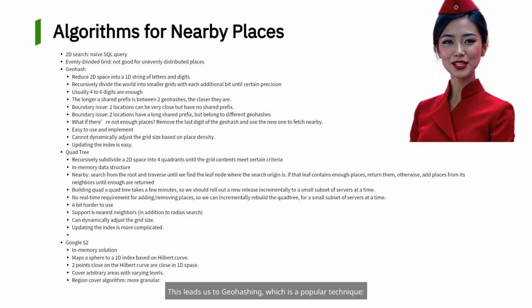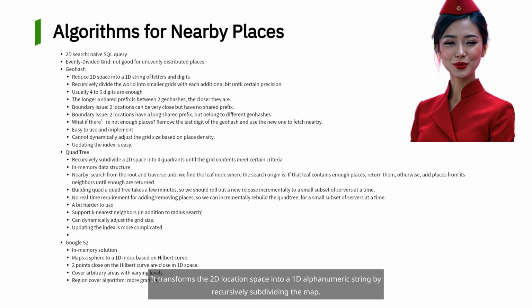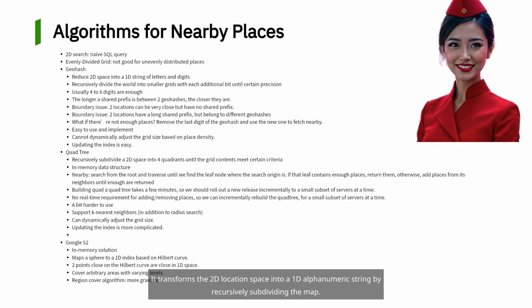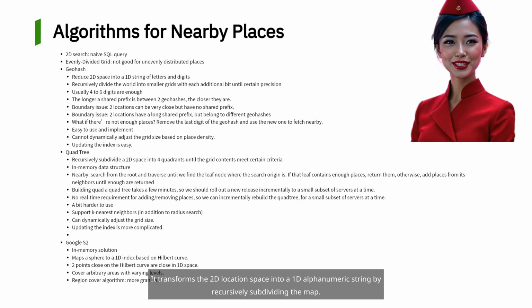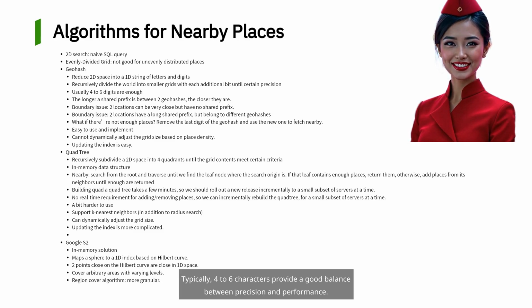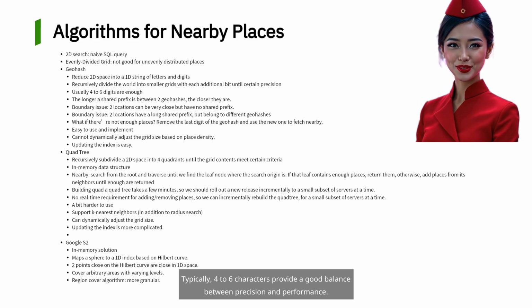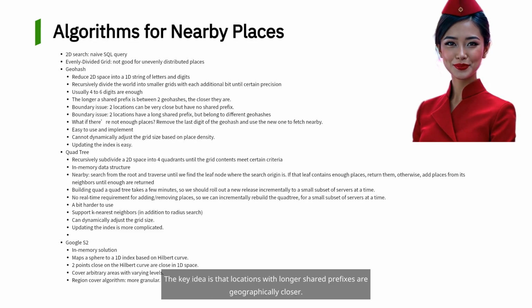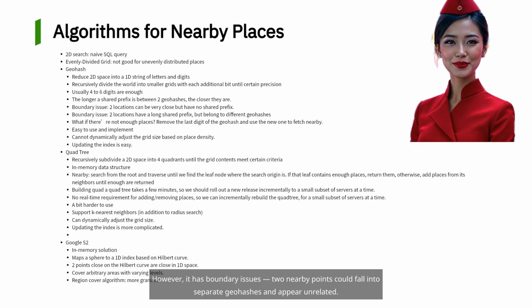This leads us to geohashing, which is a popular technique. It transforms the 2D location space into a 1D alphanumeric string by recursively subdividing the map. Typically, 4 to 6 characters provide a good balance between precision and performance. The key idea is that locations with longer shared prefixes are geographically closer.